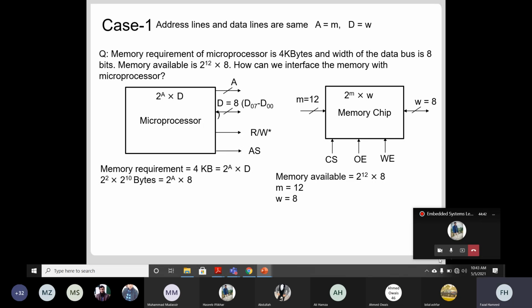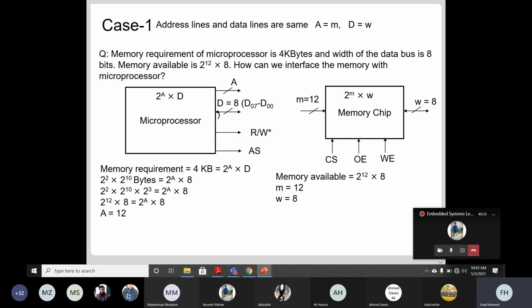So we need to find A. We write it like this: 2 to the power 2 multiplied by 2 to the power 10 byte is equal to 2 to the power 3. Am I right or not? Yes, sir. Because we want to convert it into bits. So 1 byte is equal to 8 bits. Okay? Can we write it like this: 2 to the power 12 cross 8? Yes, sir. Okay.